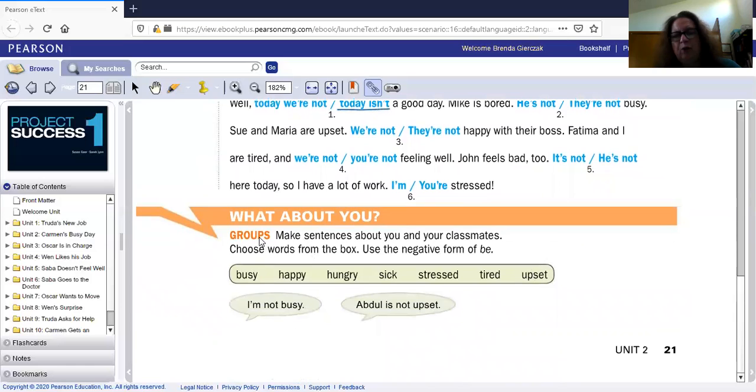So what about you? We could make up some sentences about ourselves, choosing words from the box: busy, happy, hungry, sick, stressed, tired, and upset. See if you can write sentences using the words in the box, both in the negative and in the positive.